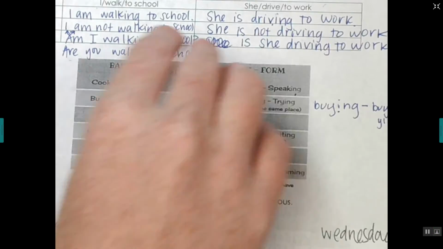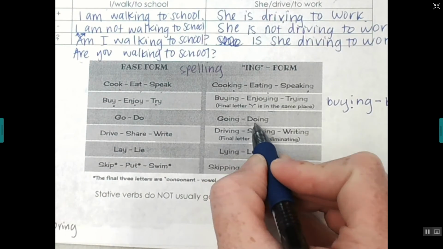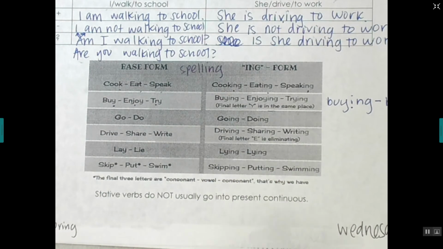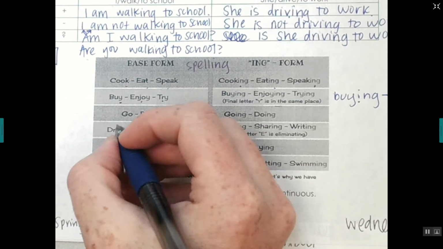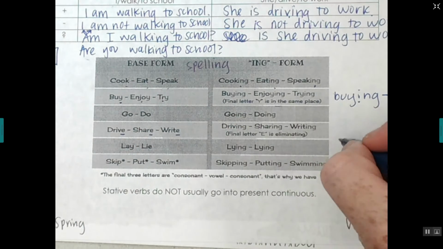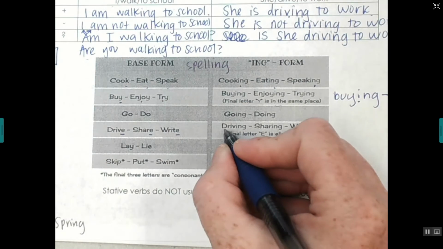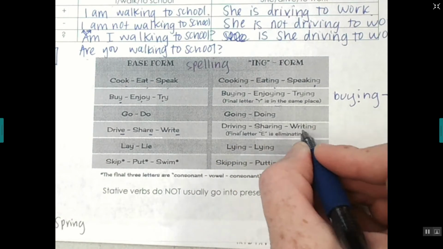So buying, trying, enjoying. Going and doing, you just add the ing. Okay? If the verb ends in an E, drive, share, write, then you take off the E and you add the ing. So driving, sharing, writing.